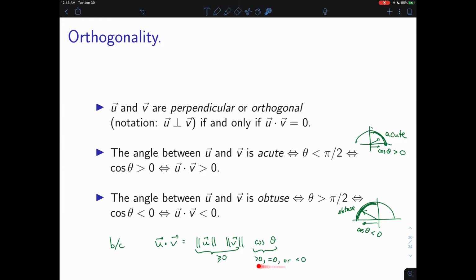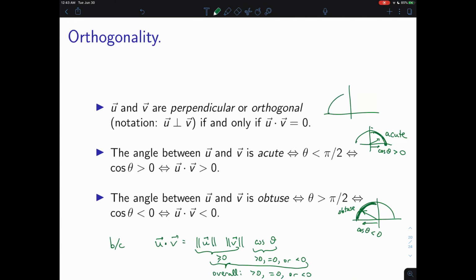Whatever it is, positive, 0, or negative, it's getting multiplied by a number that's greater than or equal to 0. So the overall result will be greater than 0, equal to 0, or less than 0, same as the cosine. So that's why the cosine being greater than 0 corresponds to the dot product being greater than 0.